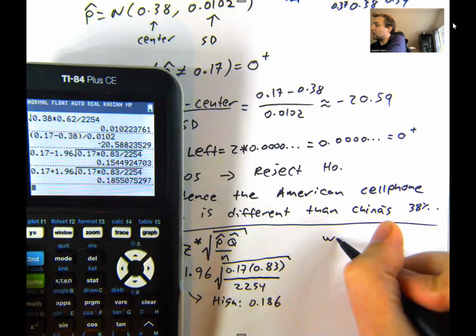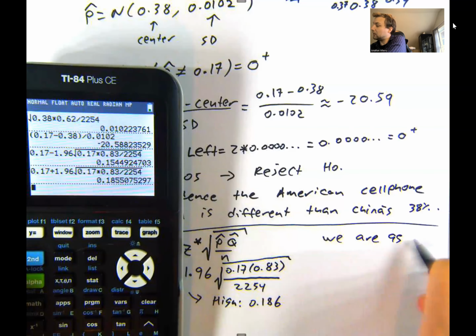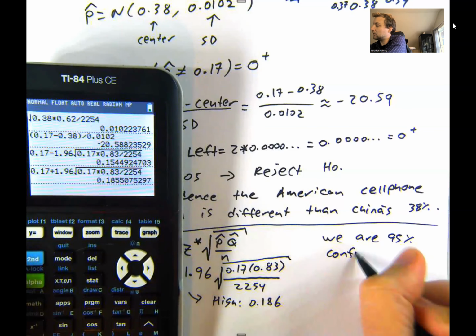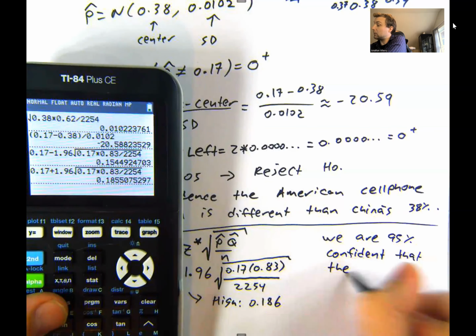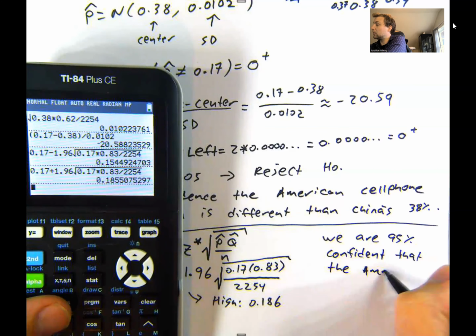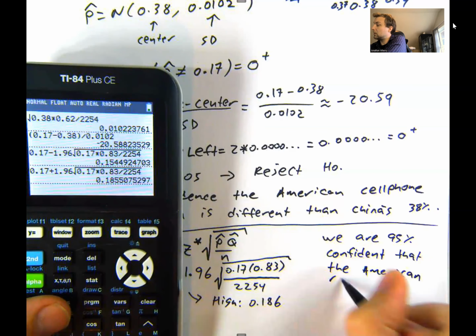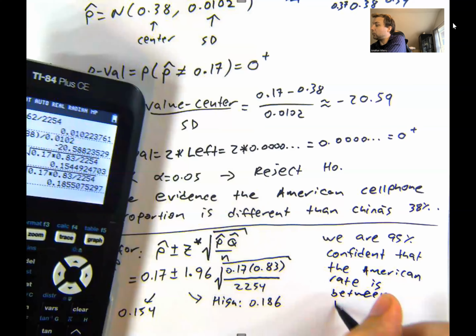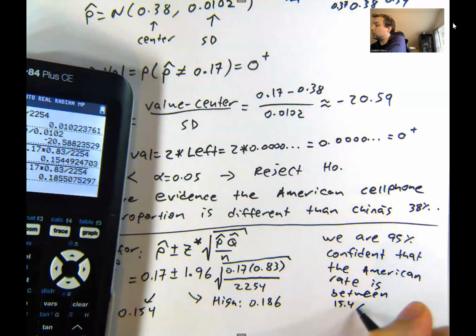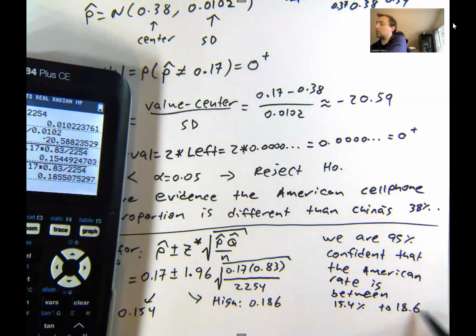So we are 95% confident that the American rate is between those numbers, being 15.4% to 18.6%.